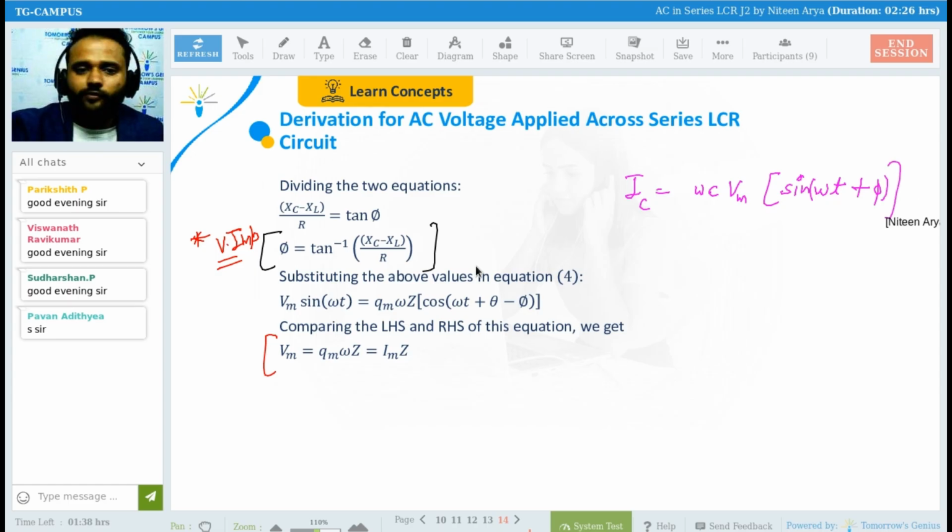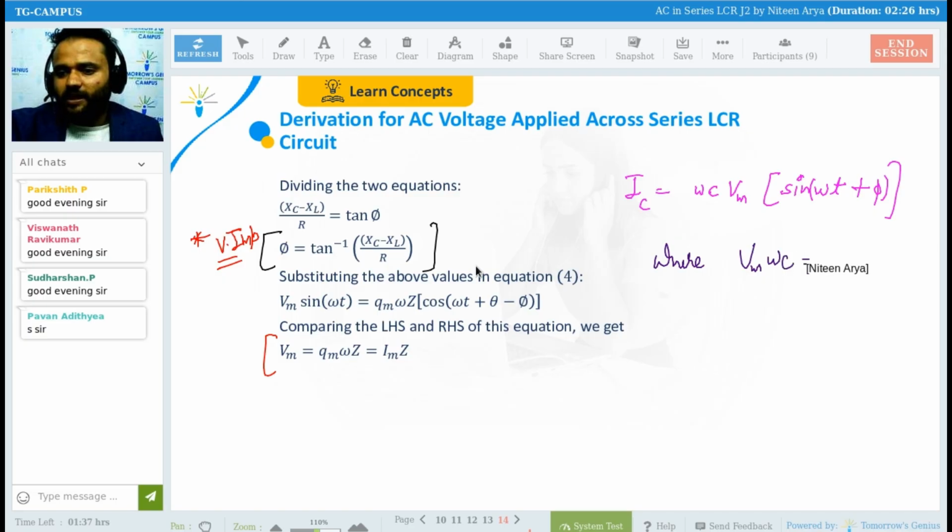The same thing we are following here, where Vm into omega C can be written as Vm upon Xc, where Xc is 1 upon omega C, and then it is Im.